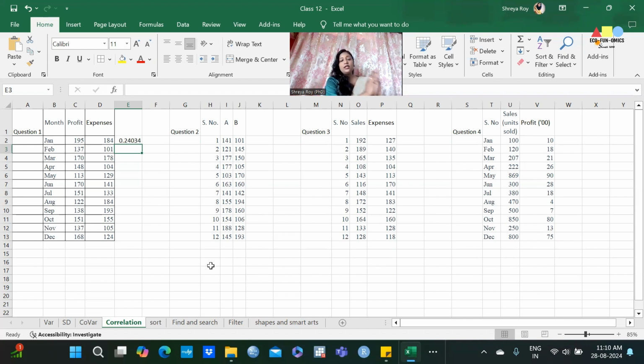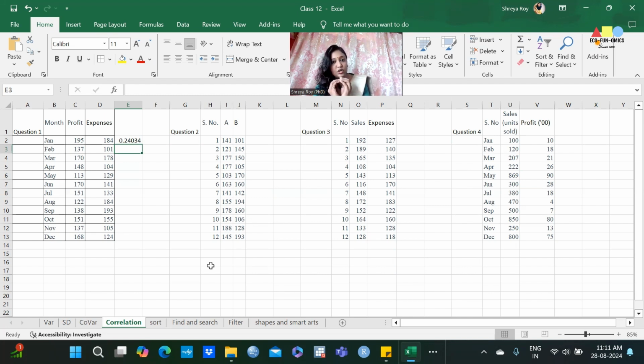So -1 to -0.5, it is strongly negatively correlated. -0.5 to almost 0, weakly negatively related.